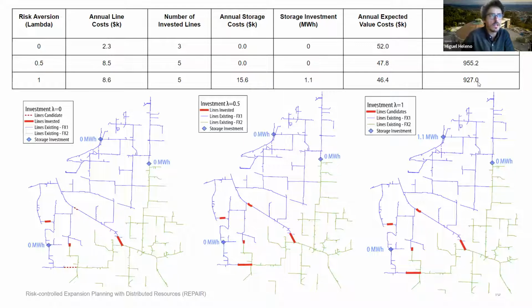Of course, we cannot hedge against everything, but we can significantly decrease the exposure of this system to the worst case just by increasing a little bit. So as you can see, each of these plans is cost optimal. They just have different risk aversion policies, right?